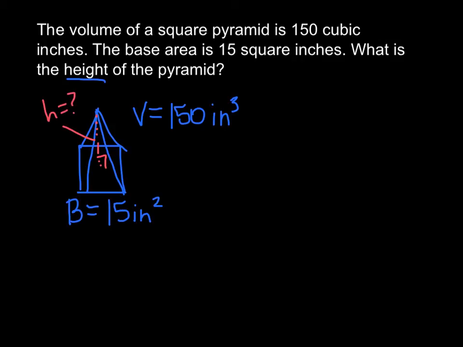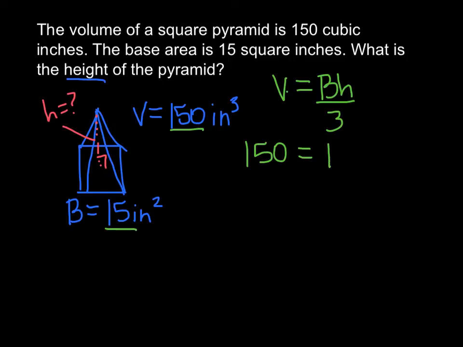So again, same thing. You're going to use your formula. Volume equals big B times H, and because it's a pyramid, we have to divide by 3. So instead of V, I know the value of V, it's 150. 150 equals base area, 15, times the height, divided by 3.